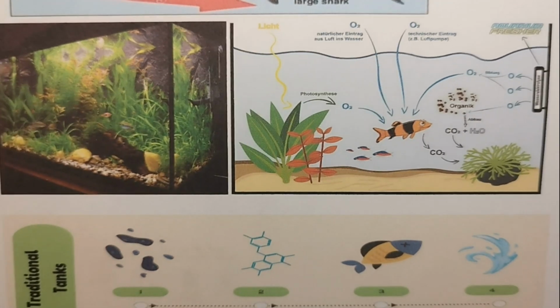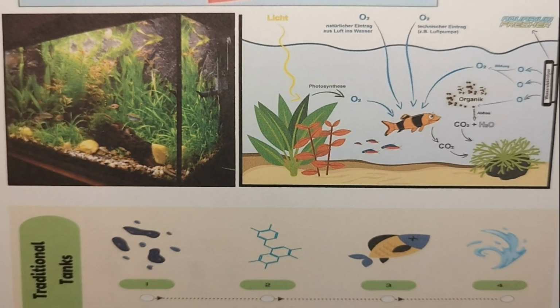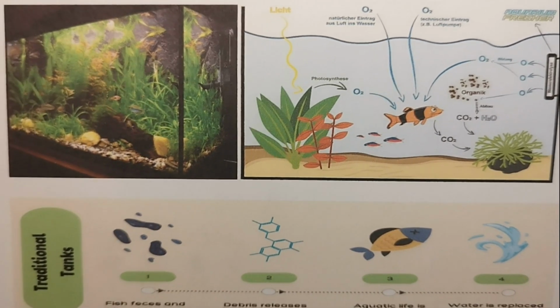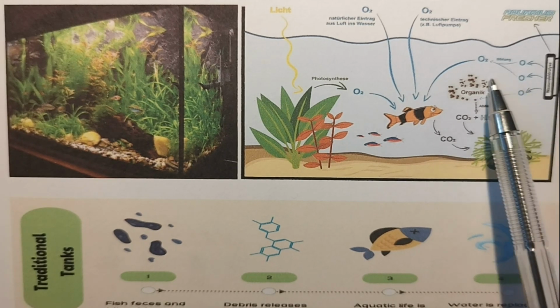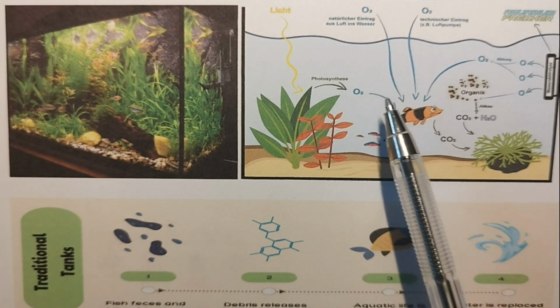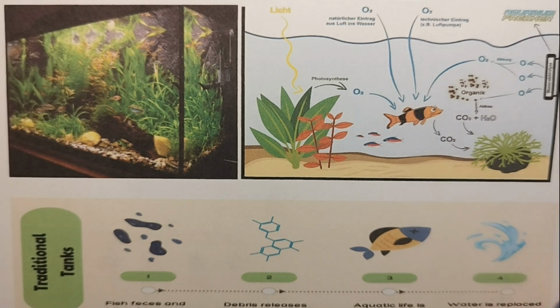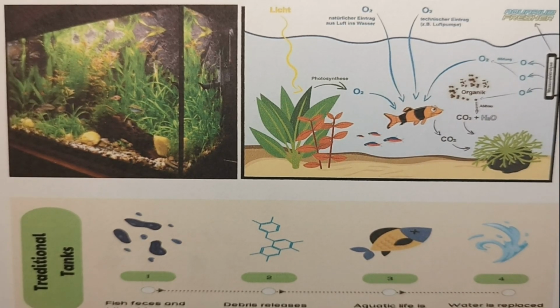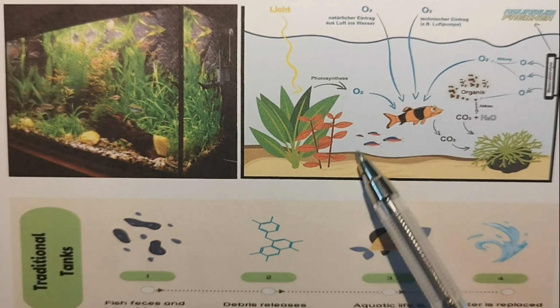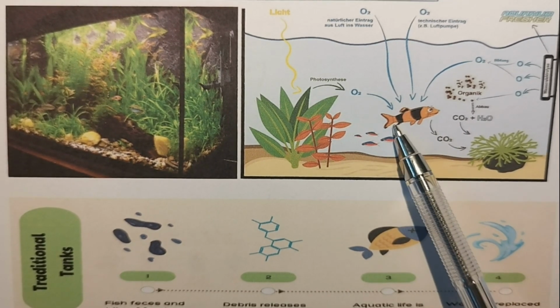You can have a different kind of design, and this oxygen pump or aerator is very important for the aquarium because it mixes oxygen with the water, which is important for the fish. If we add a few aquatic plants and animals, it can become a self-sustaining system.